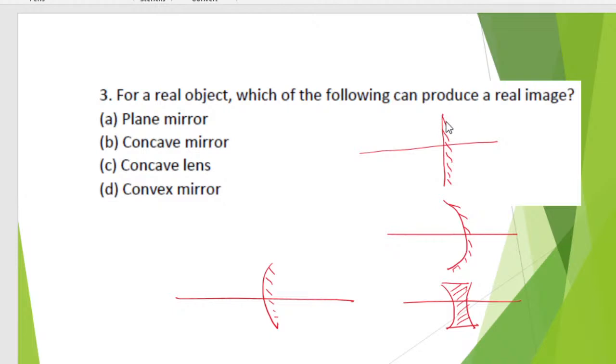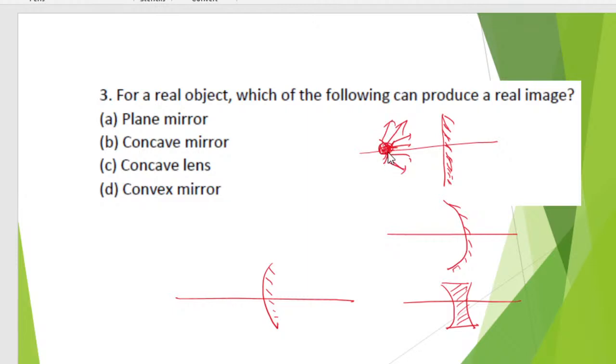In case of a plane mirror, when a real object is there, real object means which is giving out light actually. It may be a primary object or a secondary source of light. If it is a glowing bulb, that is a real object.